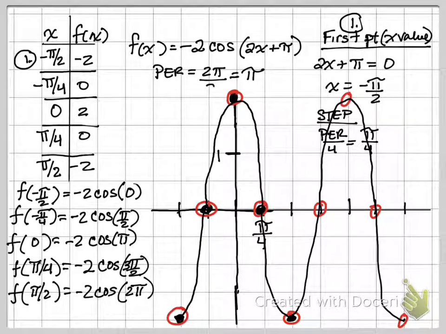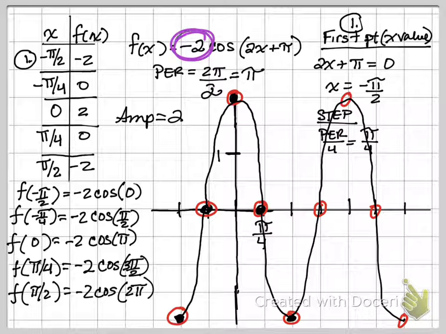Also, you'd want to be prepared to answer questions about the period and perhaps the amplitude, which we didn't say anything about here, but the amplitude is 2. We're getting the amplitude from this spot here, and it's never negative. It's always a positive value. Okay, so hopefully you can graph a sine and cosine function now, and good luck.